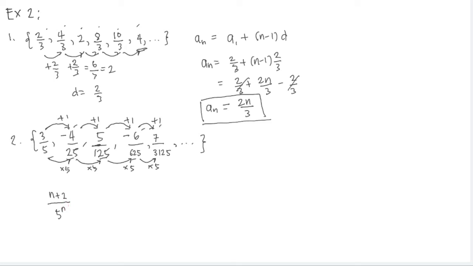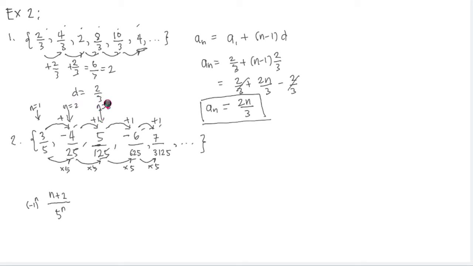Now, how do we rectify the algebraic sign, the positive and the negative? You do that by multiplying by a term, negative 1 to the n. But remember, this is n equals 1, this is n equals 2, this is n equals 3.